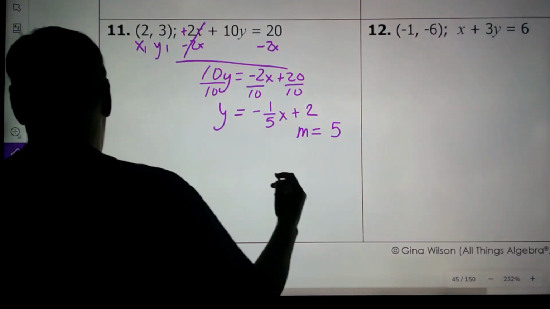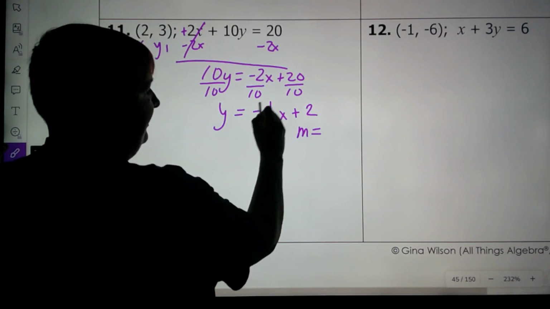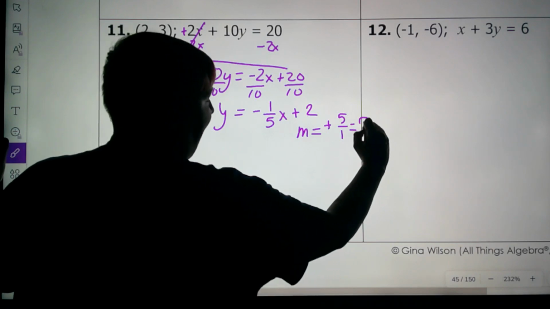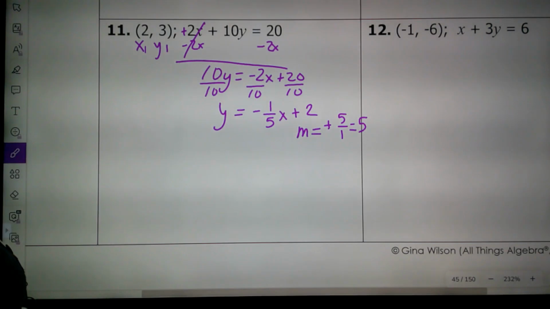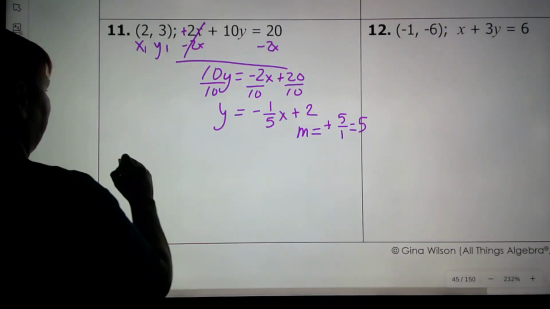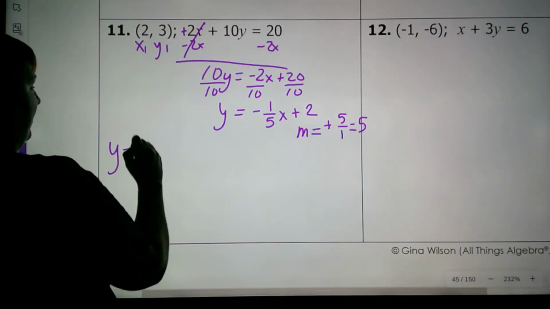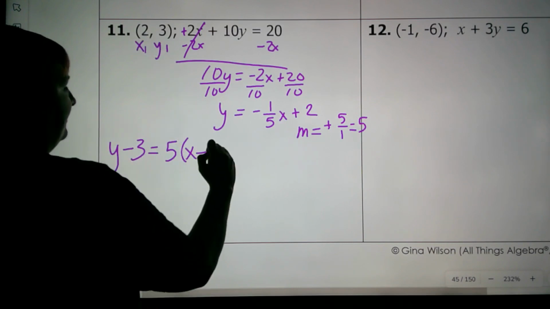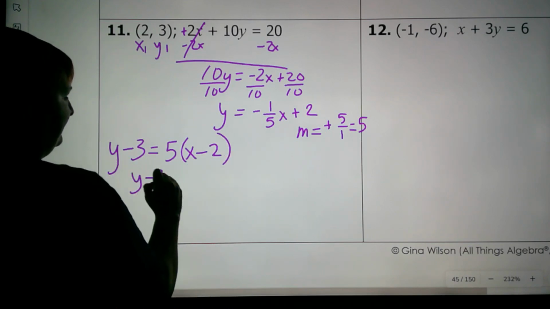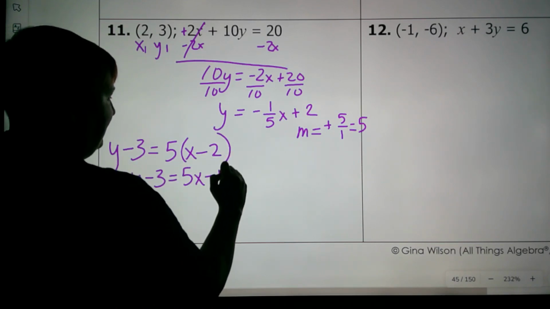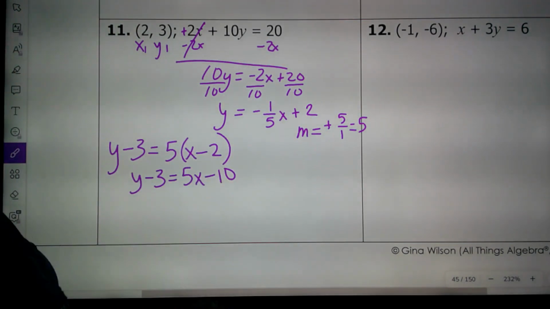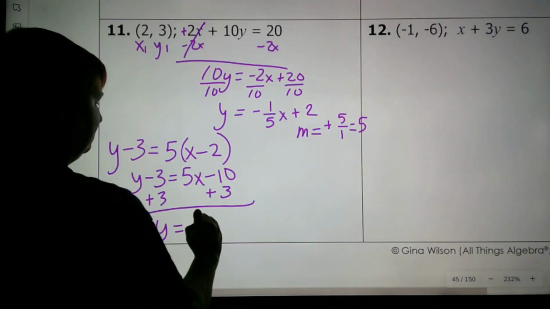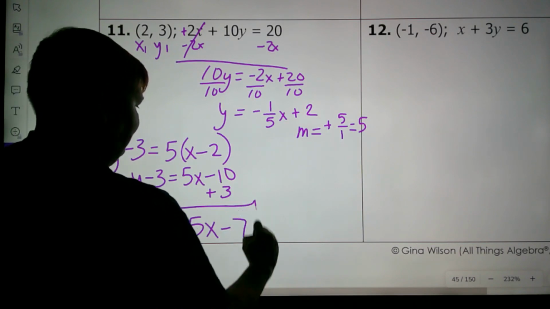So instead of negative 1 over 5, it's going to be positive 5 over 1, which is 5. Flip the fraction, switch the sign. So it's y minus y1 equals m times x minus x1. y minus 3 equals 5x minus 10, because 5 times negative 2 is negative 10. Add 3 to both sides. y equals 5x minus 7.